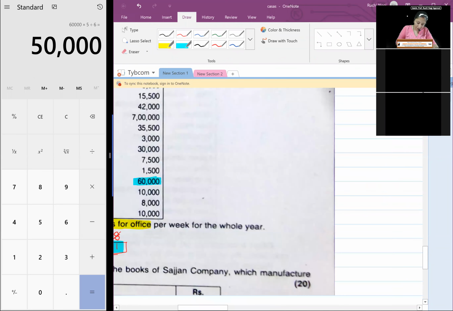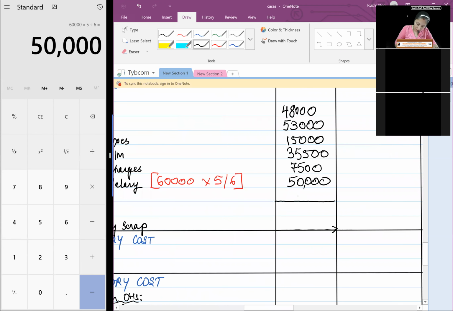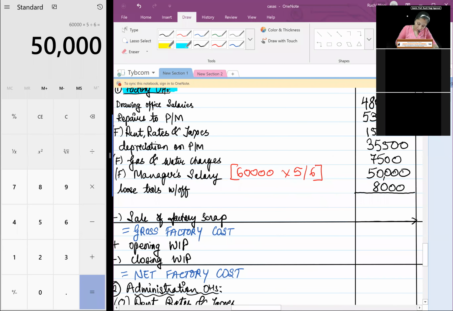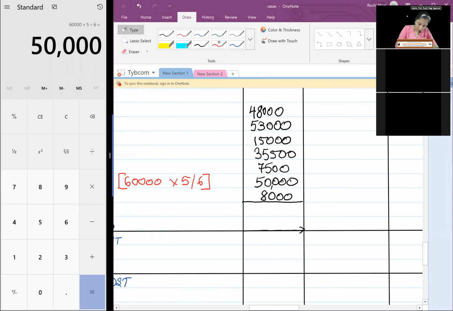Those two is written off 8,000. Okay, 8,000. And then take the total here: 48,000 plus 53,000 plus 15,000 plus 45,500 plus 7,500 plus 50,000 plus 8,000.